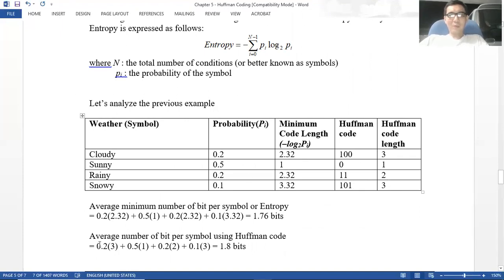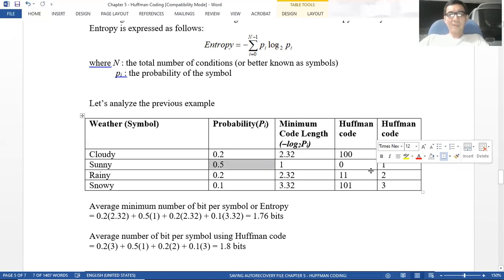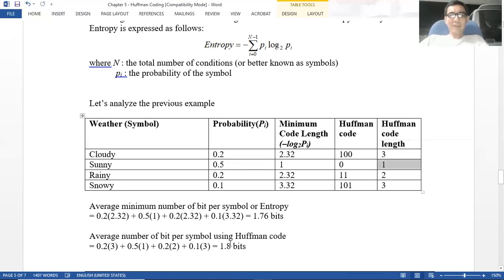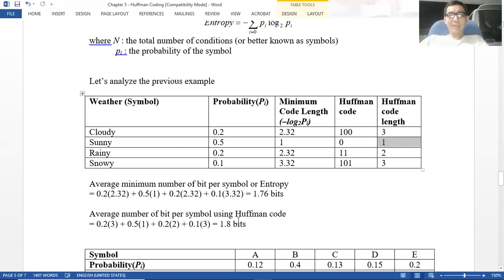So 0.2 multiplied with 3, and 0.5 multiplied with 1, and so on, and you get 1.8. So you notice that this entropy is always lower than Huffman code. The Huffman code can never get lower than that.